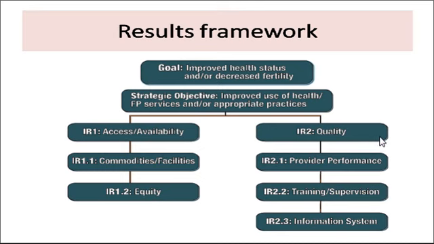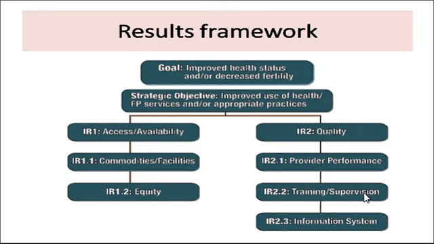Now in terms of quality of service, that means how that can be affected, what results, that means provider performance. If the performance of the service provider is good, obviously we understand that the quality of the service is improving. Training, if there is good training which is being provided to the service providers, if there is proper supervision of the service providers, that is going to improve the quality of service.